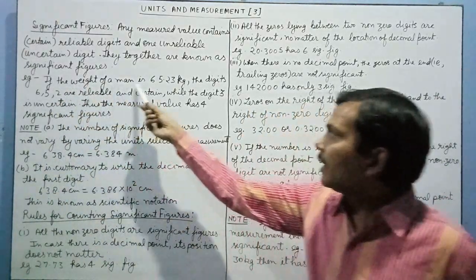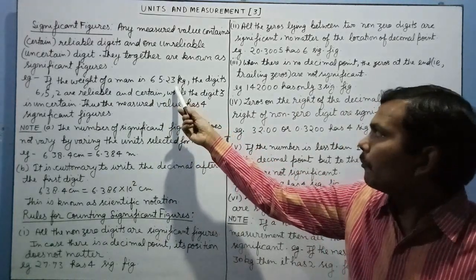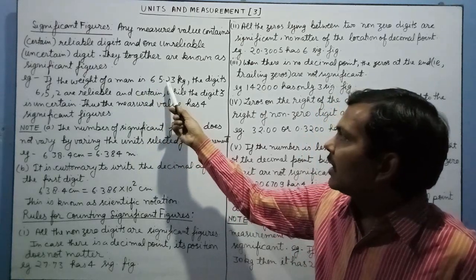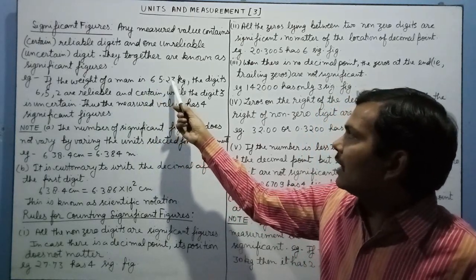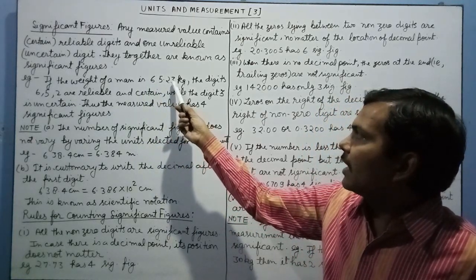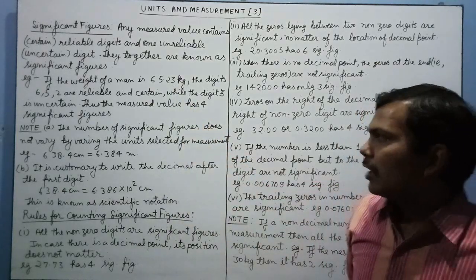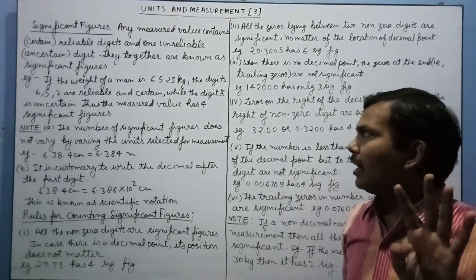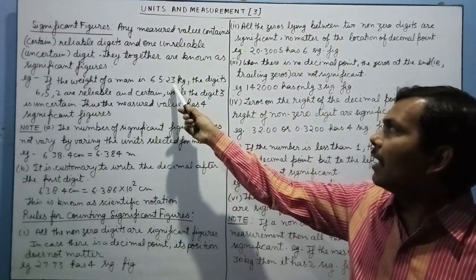Suppose the weight of a man is 65.23 kg. The digits 6, 5 and 2 are reliable and certain, while the digit 3 is uncertain. Thus, the measured value has 4 significant figures, 3 reliable and 1 unreliable.